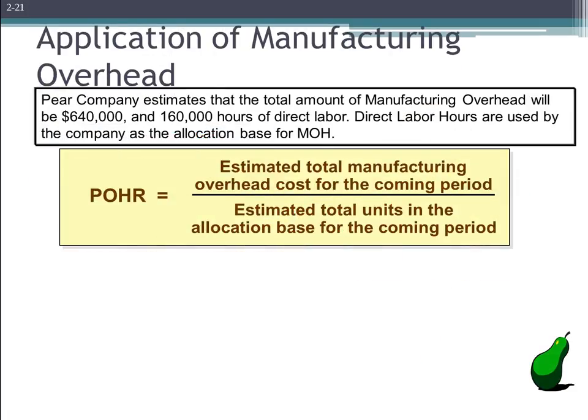So let's jump back to our pear company example, right? Let's assume that we estimated at the beginning of the period that the total amount of manufacturing overhead was going to be $640,000. And since we are a very labor-intensive manufacturing operation, our company uses direct labor hours as an allocation base. So, knowing that, what would be our predetermined overhead rate?